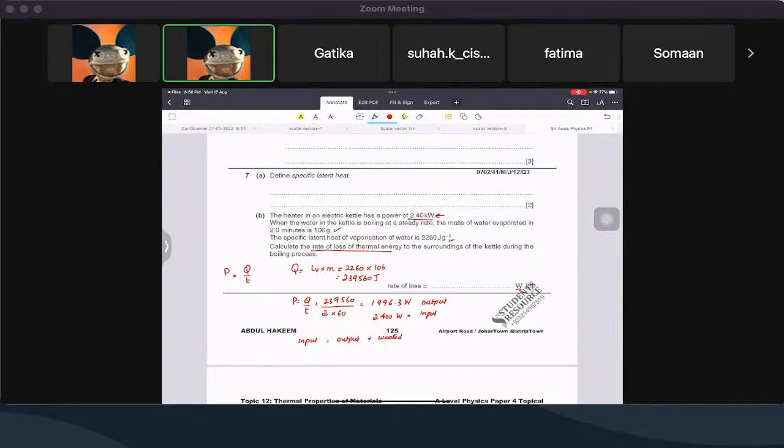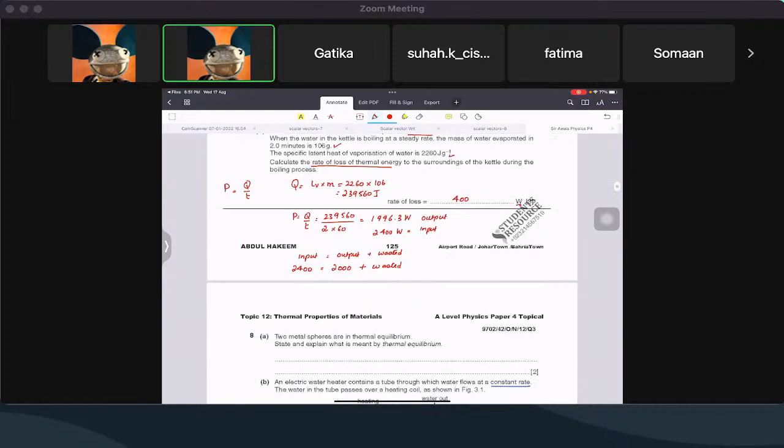So input is 2400, output is almost 2000, plus the wasted or the loss. So that is going to be 2400 minus 2000, that is going to be 400. Is it clear? Yes, sir. So this was just a trick of the loss thing.